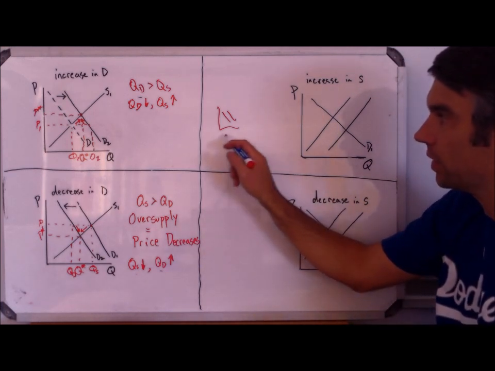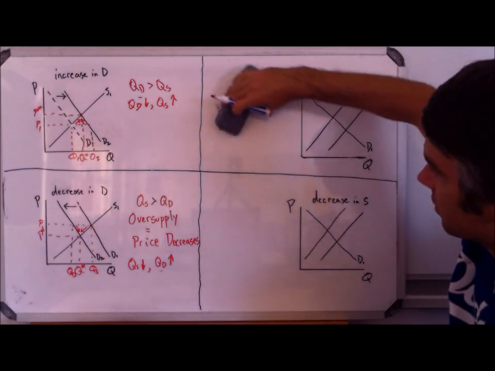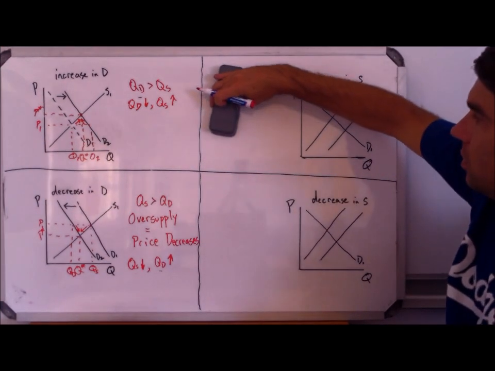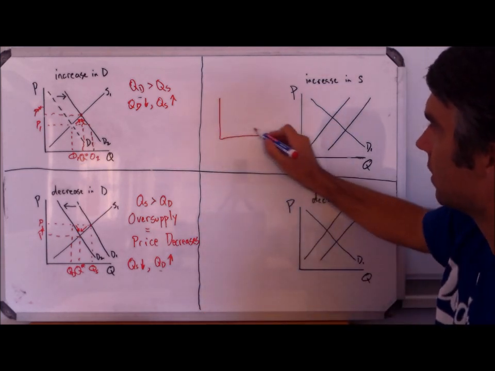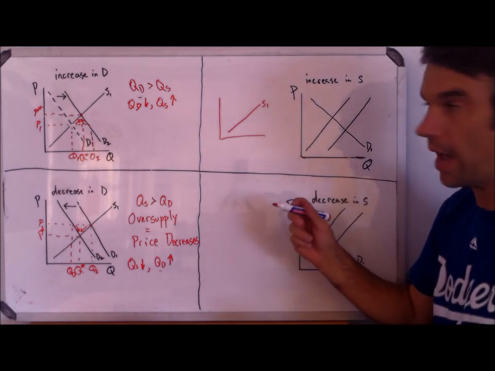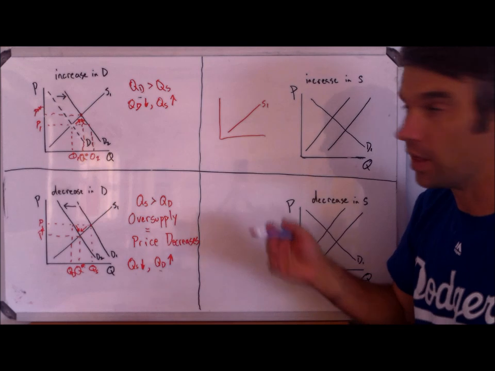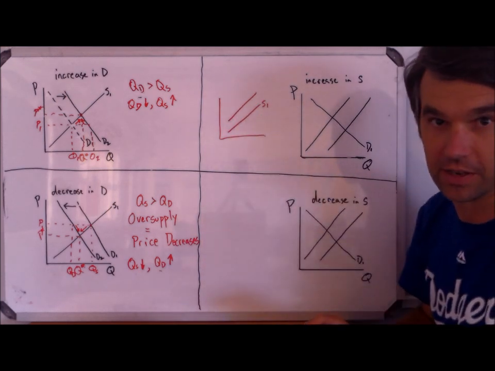Remember though, in economics, we only care about the Q axis. We don't care what's happening to price. So a lot of times, people really struggle to keep the supply curve right. And they see this, and they go, okay, here's the supply curve, so an increase in supply, and they go the wrong way. They think, oh, this is up, this is above it, so that must be an increase.